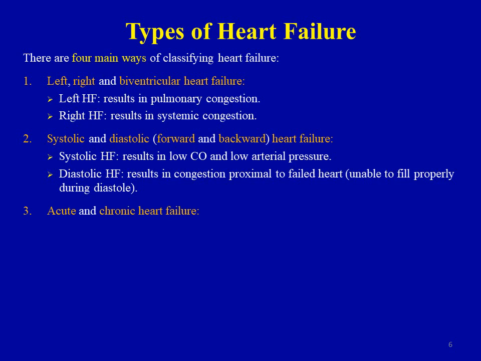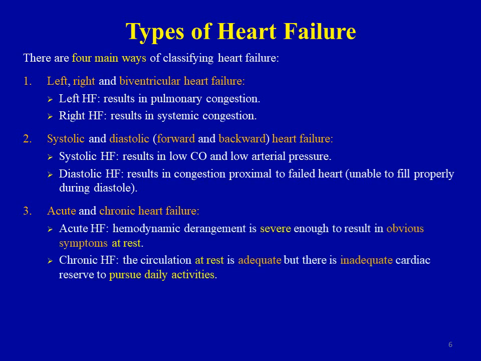The third way of classifying heart failure is acute and chronic heart failure. In clinical life, you will see that acute is sometimes defined as symptoms and signs for less than 6 weeks, and chronic as more than 6 weeks. But to make things simple, in acute heart failure the hemodynamic derangement is severe enough to result in obvious symptoms at rest, so the patient has symptoms at rest and we say this patient has acute heart failure.